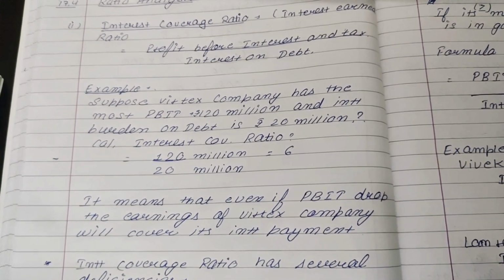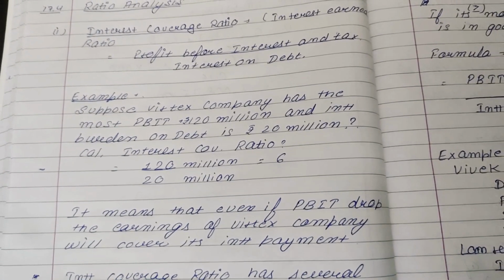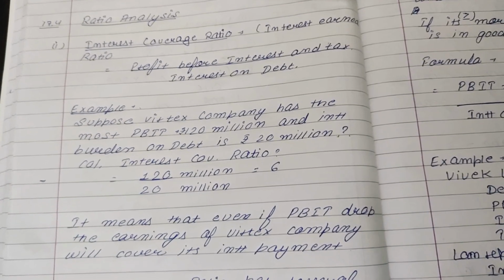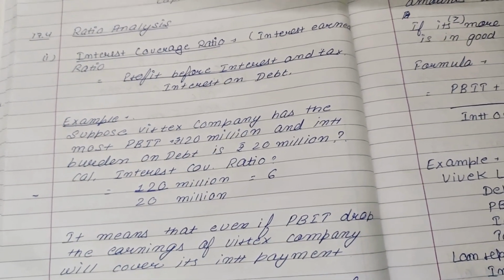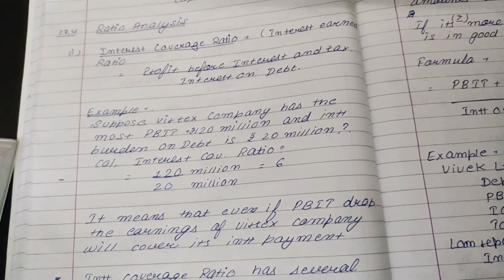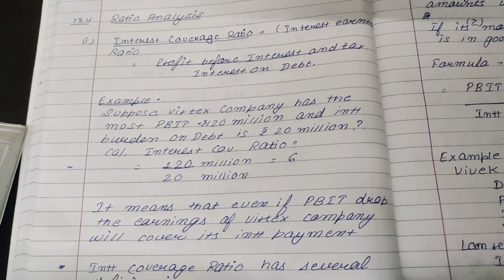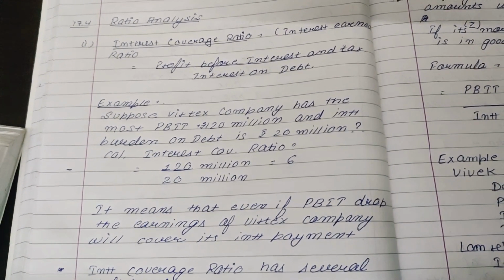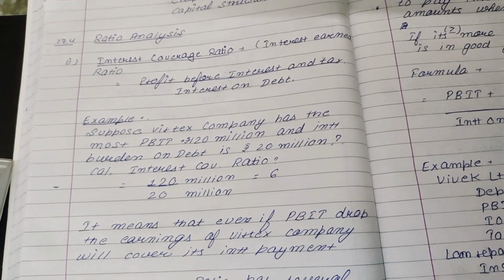We simply divide the PBIT, 120 million, by the interest on debt, 20 million, and our interest coverage ratio will be 6, right? So 6 is basically a good interest coverage ratio. It means that even if your PBIT drops, the earnings of Vortex company will cover its interest payment.